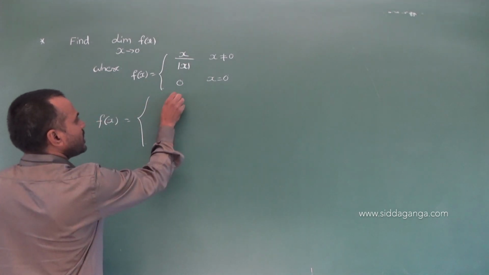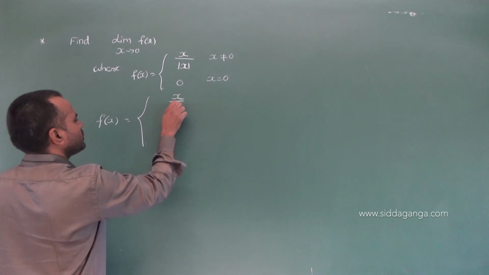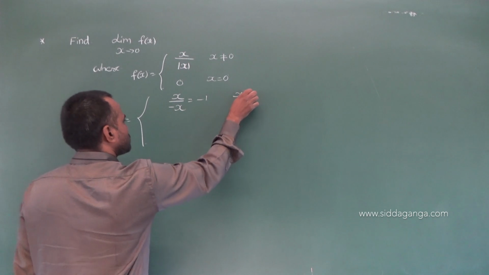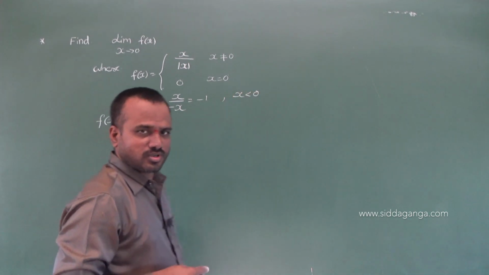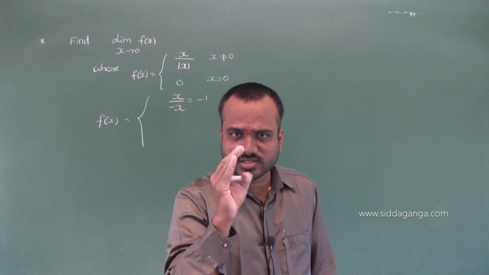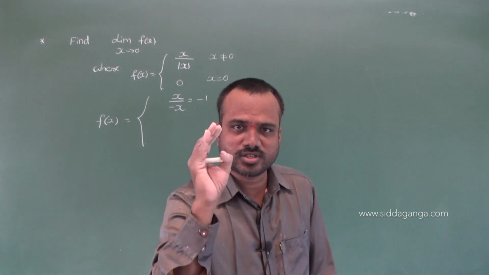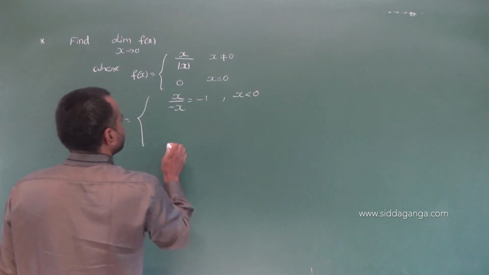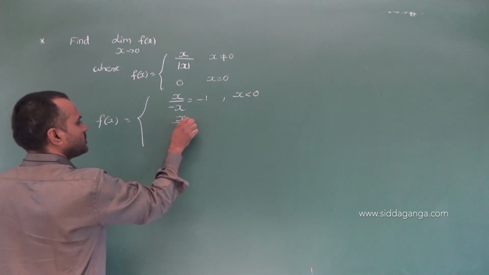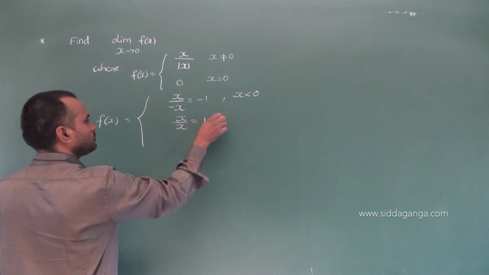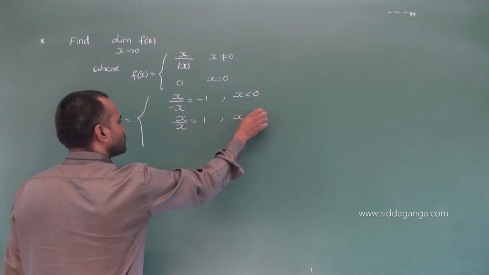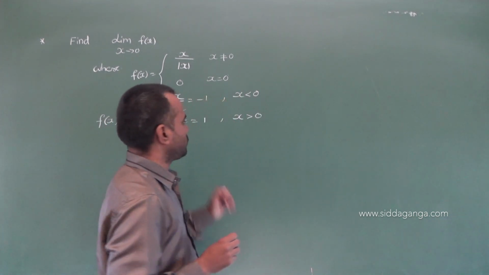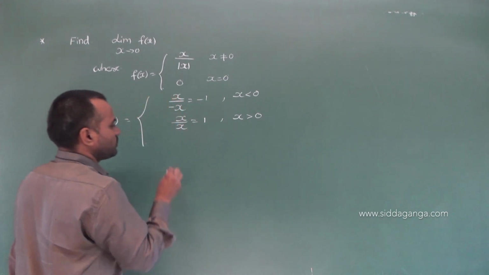So x divided by minus x, the answer is minus 1 for x less than 0. Similarly, x divided by plus x is equal to 1 for x greater than 0.